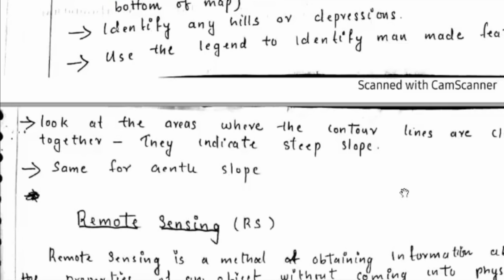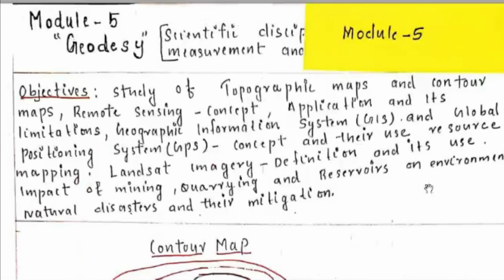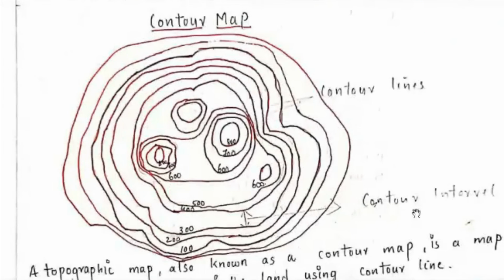This identification of features from the contour map is very important for a civil engineer to make out before going and visualizing the land. You will have an idea about the land: how the topography is, how many water bodies are present in that area, whether it is low land or high land, and what the maximum elevation in that area is.